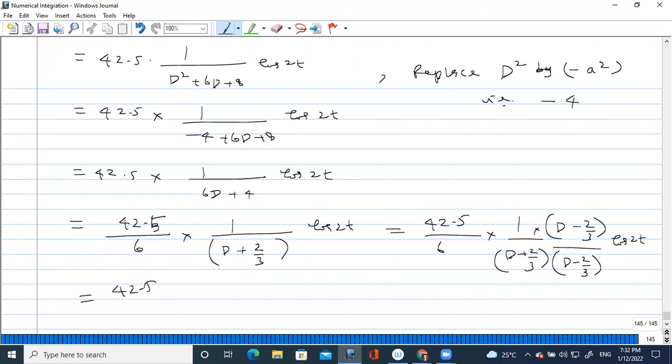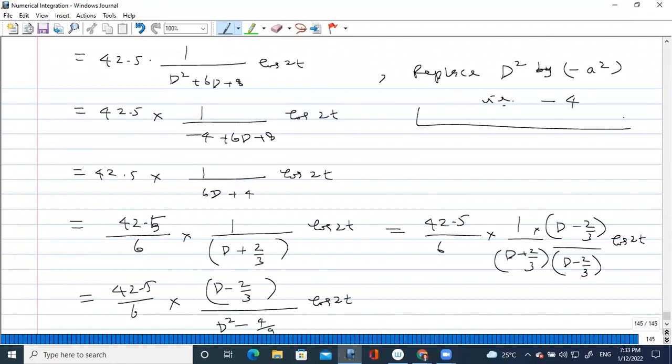So it is 42.5 by 6 into D minus 2 by 3 divided by, so now it will become D square minus 4 by 9, D square minus 4 by 9 and cos 2t. Now in the denominator, it is a D square, and on D square we can have the same replacement.